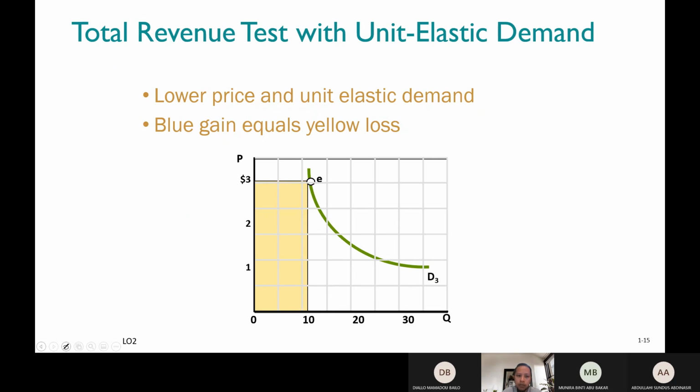So if you look at the blue and yellow areas, it is actually the same, okay, so both areas will result to 30 and 30, okay. So in this case it is considered to be unit elastic, where the price elasticity of demand is 1, okay.